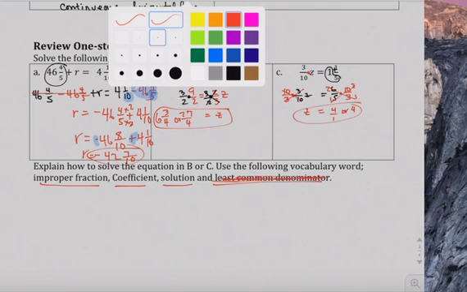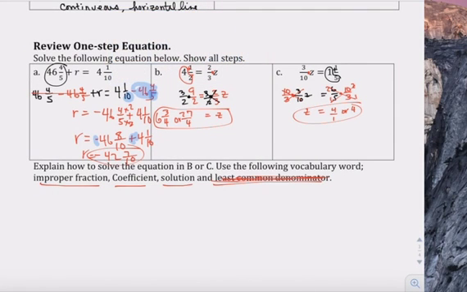Okay, how do you solve problems B and C using improper fractions?